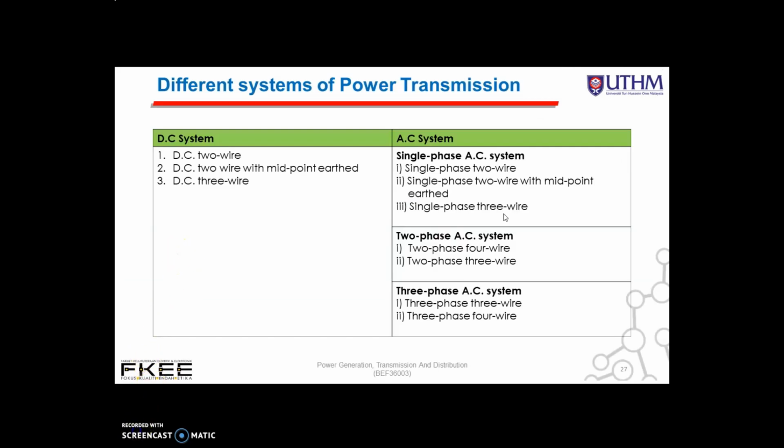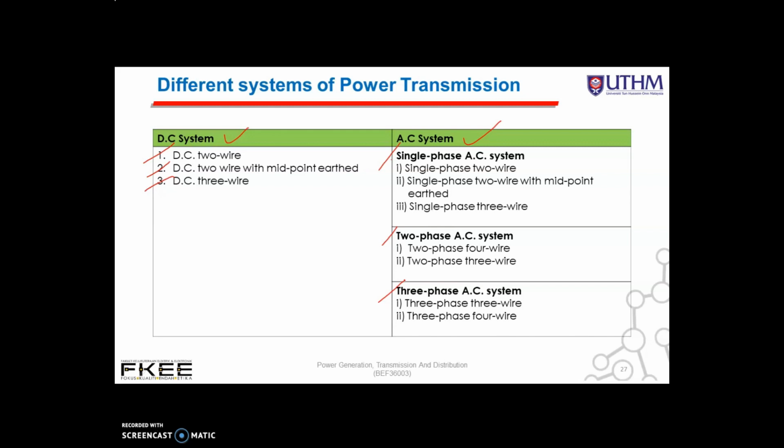For different systems of power transmission, there are two types, which are the DC systems and the AC systems. For the DC system, we have DC 2-wire, DC 2-wire with midpoint earth, and DC 3-wire. The AC system is divided into three types: first is the single-phase AC system, second is the two-phase AC system, and third is the three-phase AC system.